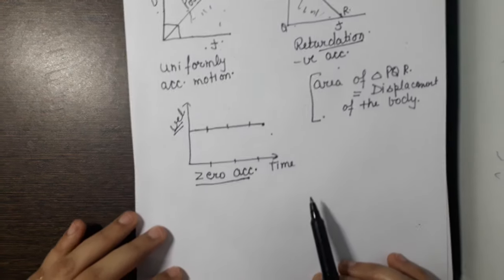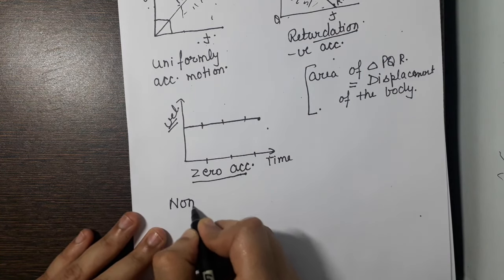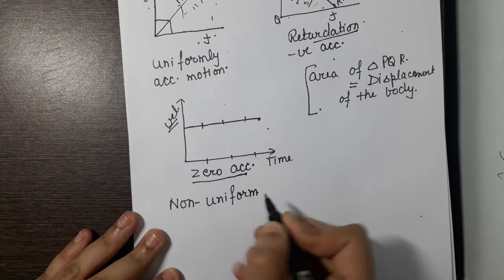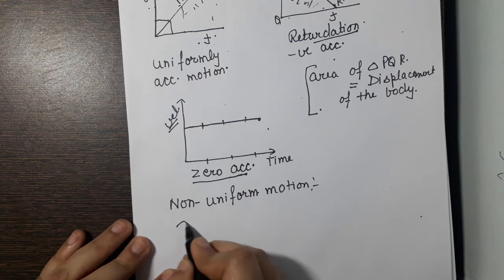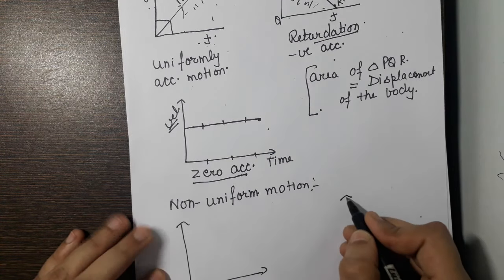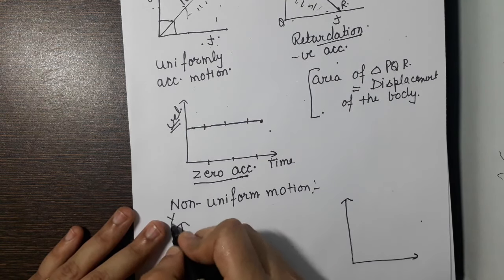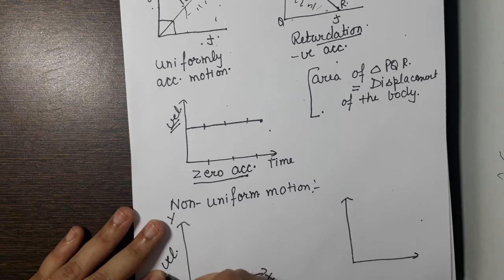Now come to non-uniform motion. These graphs will be like this. Here we can draw the graphs, y-axis and x-axis. The y-axis represents velocity, as we already discussed.